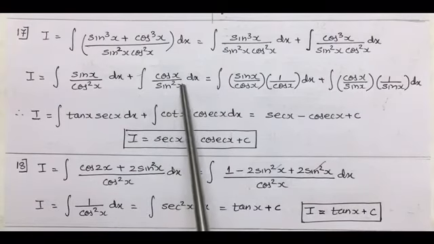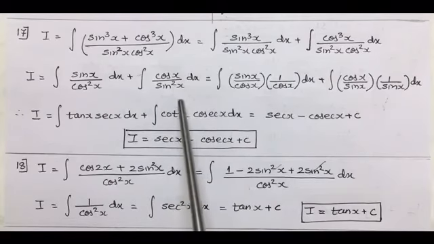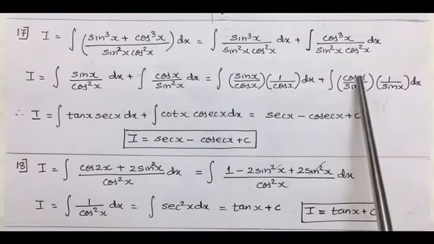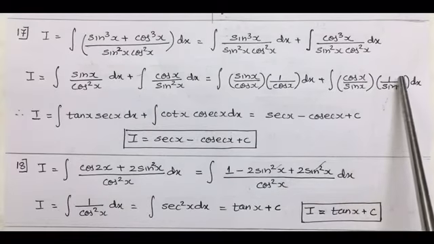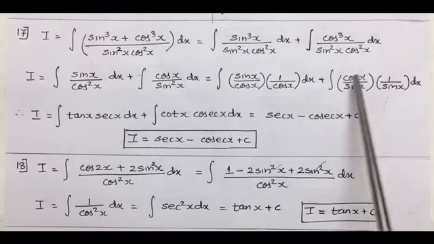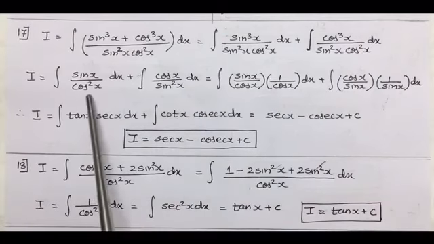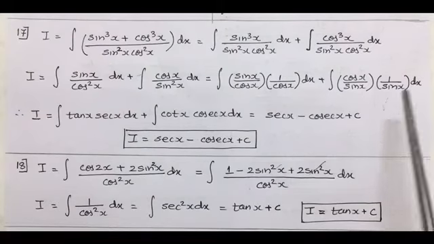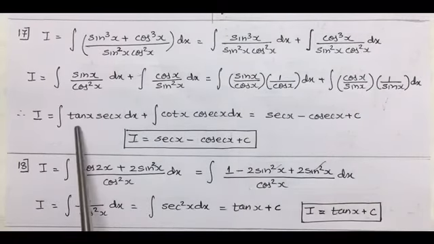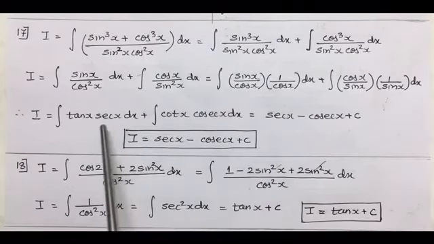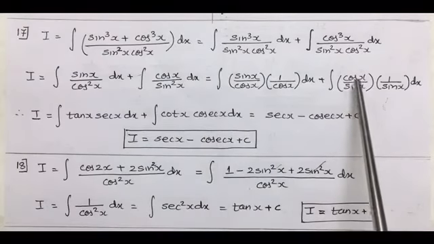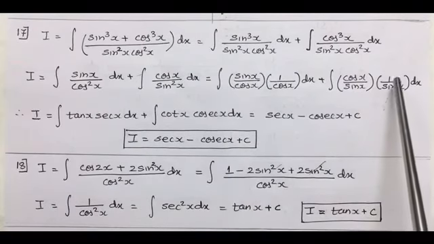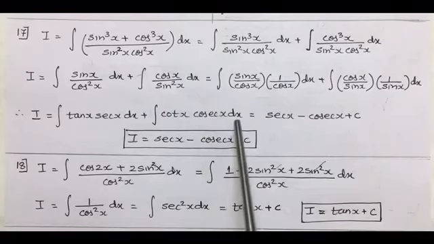Same thing for sin square x: one goes with cos and one is taken with 1. So this is how the arrangement is being done both for cos square x and sin square x. So sin upon cos gives us tan x, 1 upon cos gives sec x dx. Same for another term, cos x upon sin x is cot x, 1 upon sin gives cosec x dx.